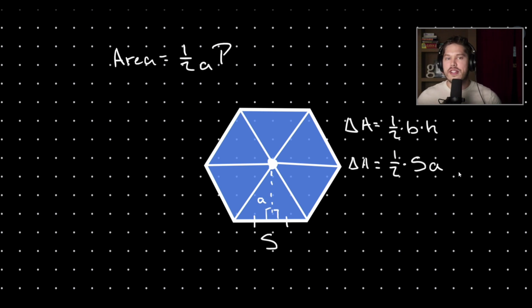But before we just tap on a 6 at the end and call it a day, we need to convince ourselves that these triangles are congruent to one another, that they all have the same area. So let's do that real quick. This is going to be a pretty lackadaisical proof, but since this is a regular polygon, again, all of the outside edges, all of these side lengths are congruent with one another. They're all the same.